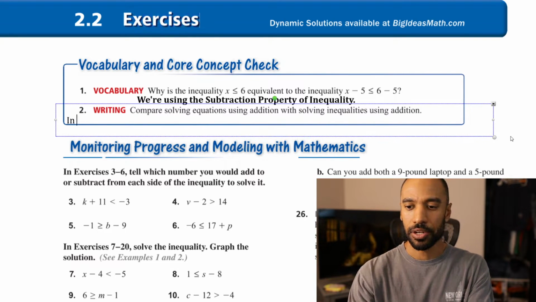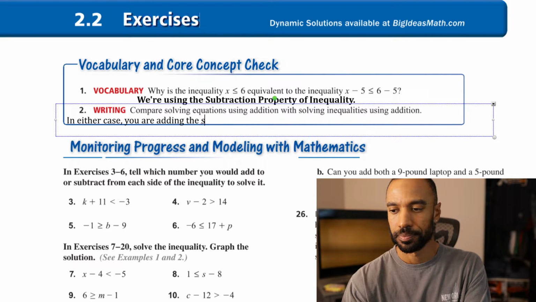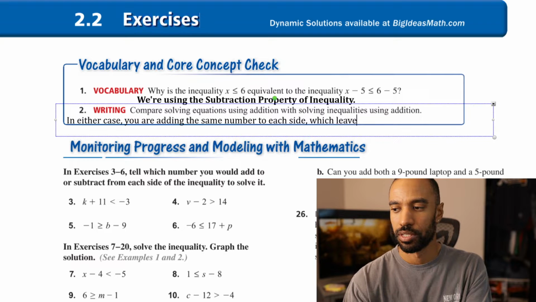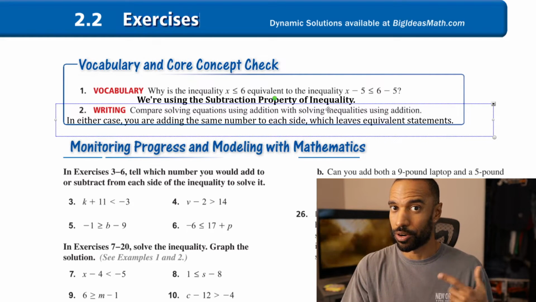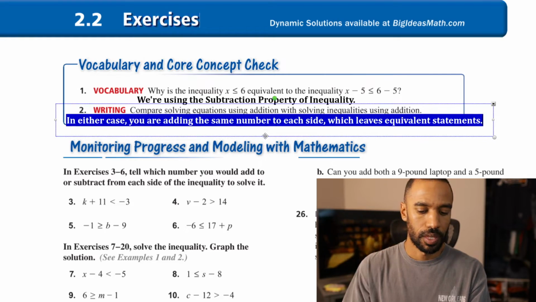So in either case, you are adding the same number to each side, which leaves equivalent statements. I don't want to say equivalent equations, because equations are for equations and inequalities are for inequalities. So that's what I'm going to say for that one.